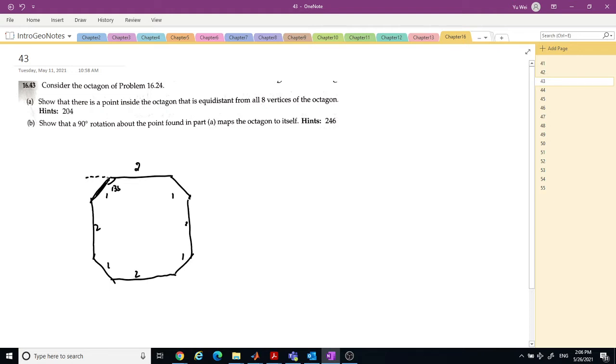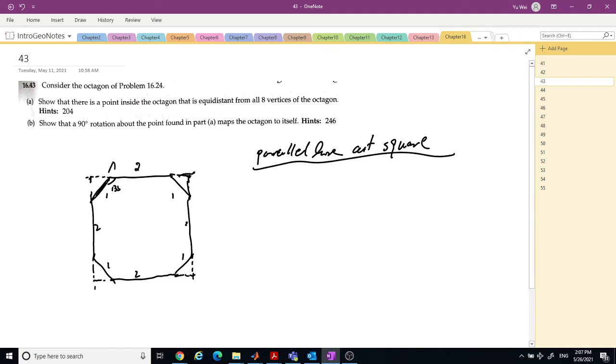Let's do an extension. For any octagon like this, the side lengths may not all be the same, but this way we use parallel lines to cut a square. Then we can get this kind of octagon. Now let's label it A, B, C, D, E, F, G, H.